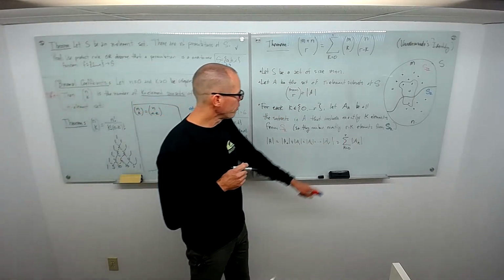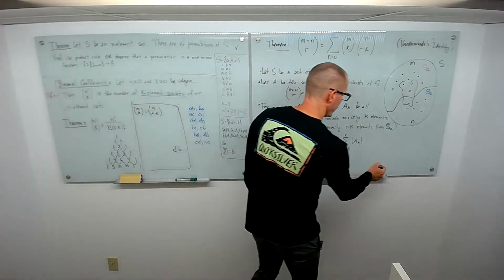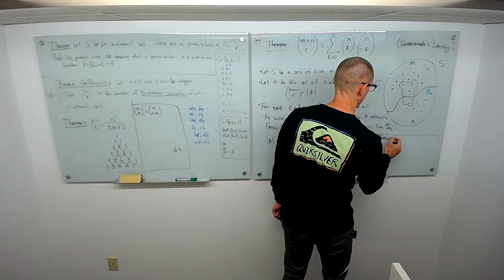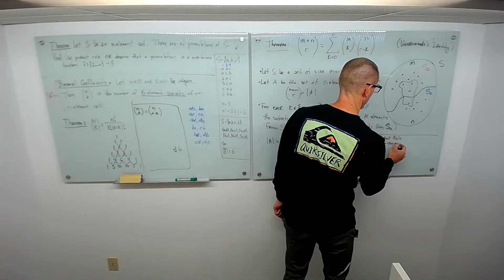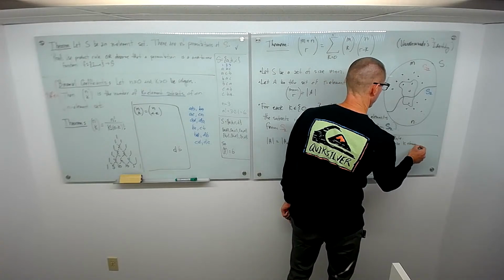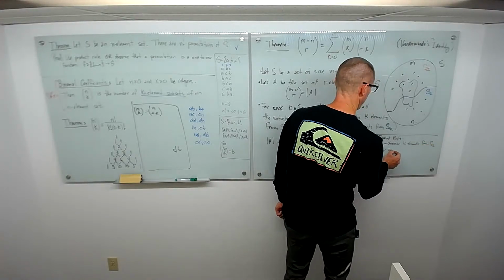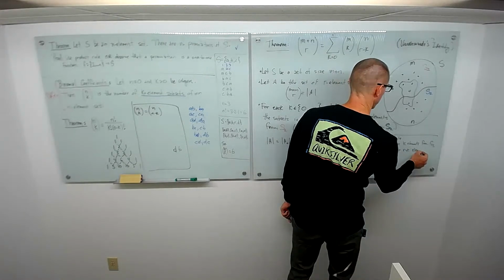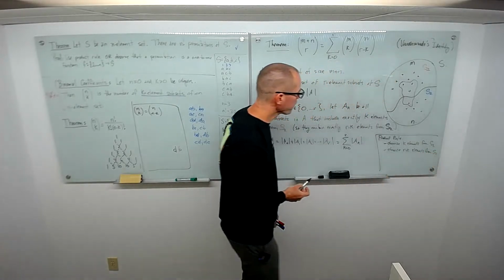And what is the size of one of these AKs? Well, to get the size of AK, we can use the product rule, where we choose K elements from S1, and then we choose R minus K elements from S2.